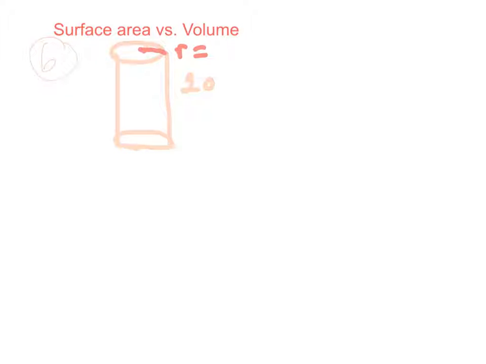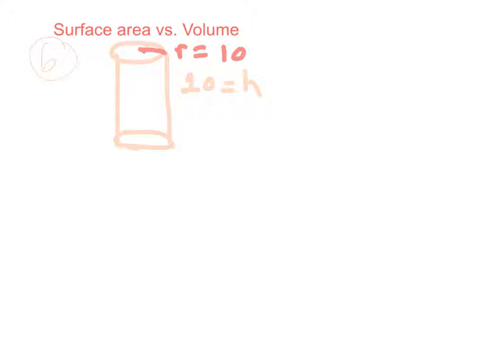So radius is going to equal 10 and height is going to equal 20. All right, so we're looking to solve for surface area because we're looking to solve for how many square inches of surface will be painted. Okay, so we're looking for surface area. It even says the word surface in the problem.